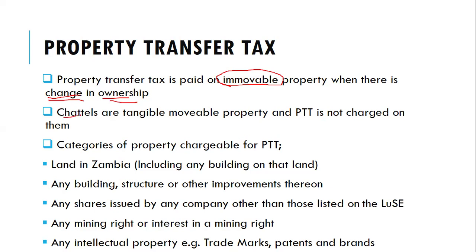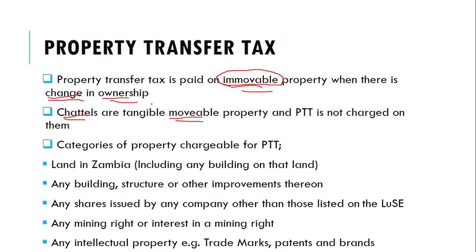So a car, for example, is property. We can say it's property for tax purposes, right? But it's movable. Property transfer tax is charged on immovable property. So anything relating to a car, anything that's movable, property transfer tax is not charged.